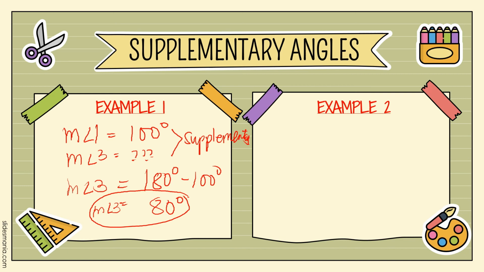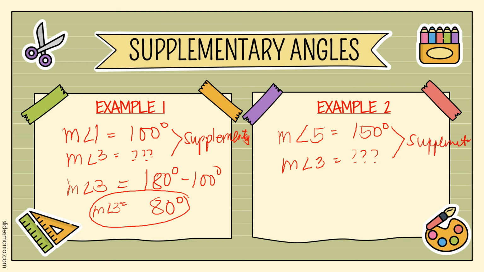Is that clear? I have another example. The measurement of angle 5 is 150 degrees, and the measurement of angle 3 is unknown. Again, it is given that they are supplementary. So how are we going to do that?